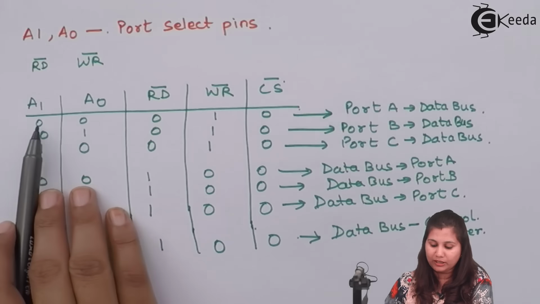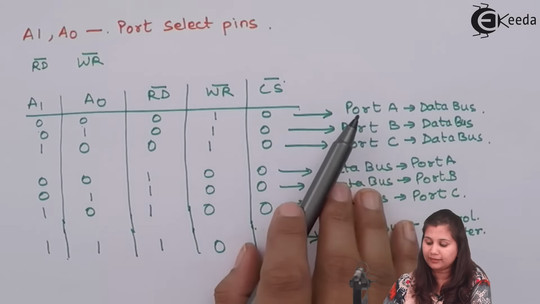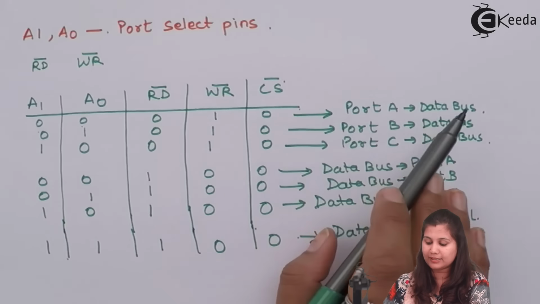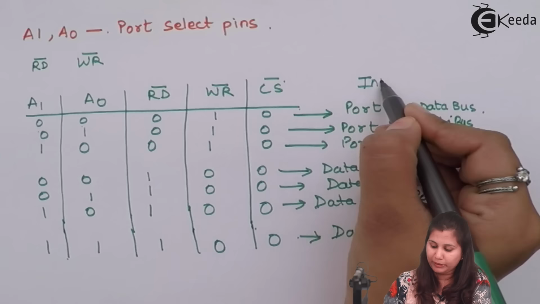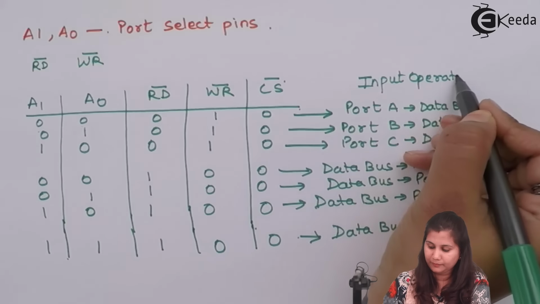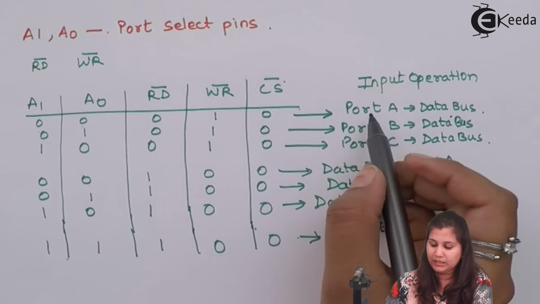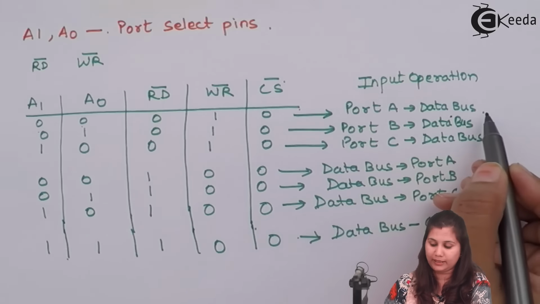So when A1 and A0 both are 0, port A is selected and the data on port A is given on the data bus. So this is an input operation, meaning port A is giving an input to the data bus.